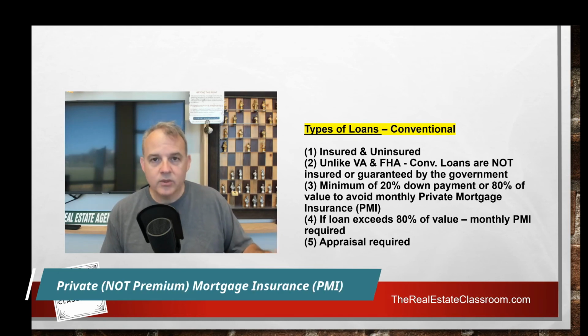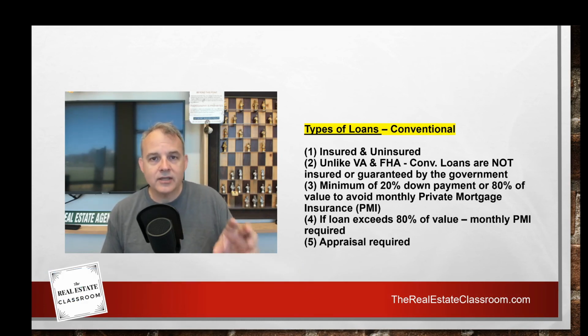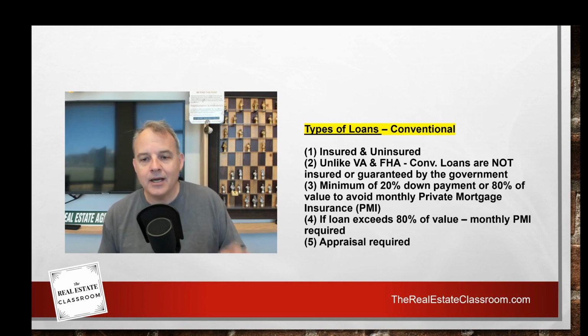And that is a monthly payment that's added on to the PITI part of the monthly mortgage payment that the borrower is going to make to the bank. So we'll have principal and interest, taxes and insurance, and then PMI.